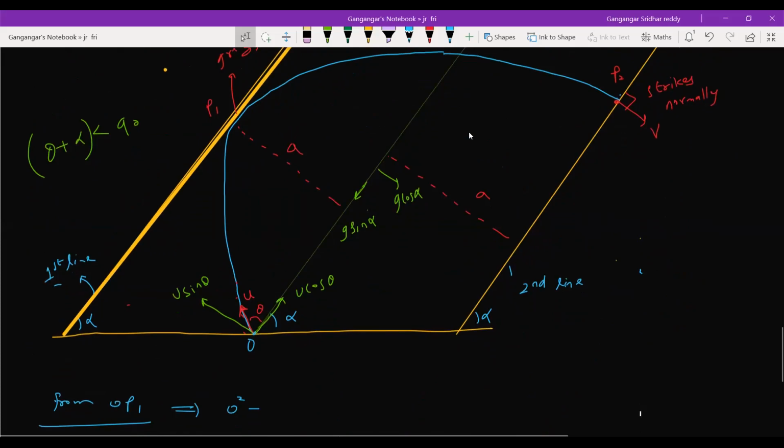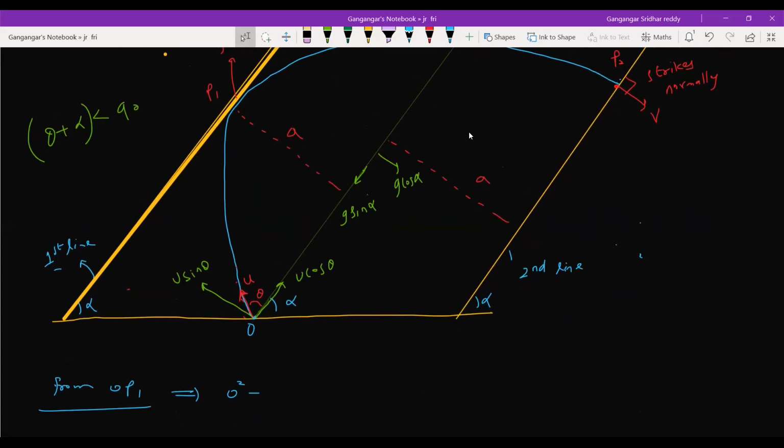Okay, now let's write the equation. Some mathematics: 0 square minus u sine theta whole square equals 2 times minus g cos alpha times a. Why 0? The vertical component should be 0 because as it grazes, the velocity becomes parallel to the line.